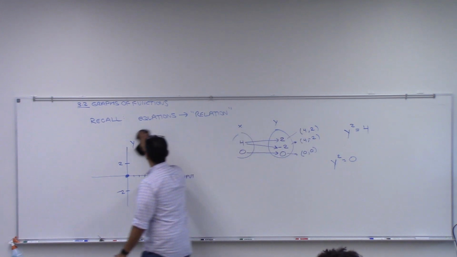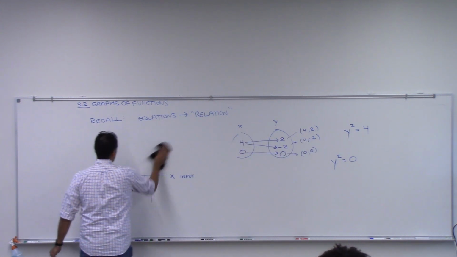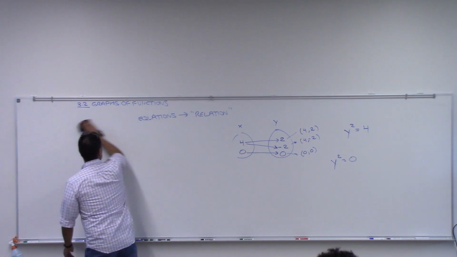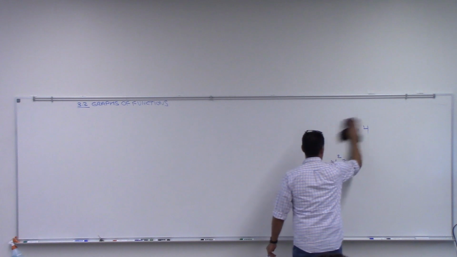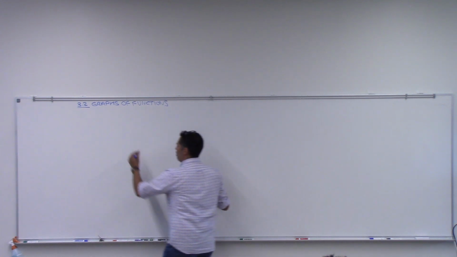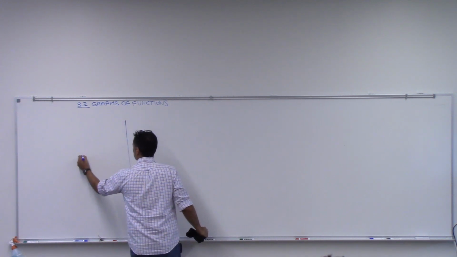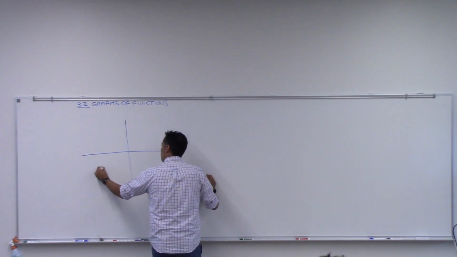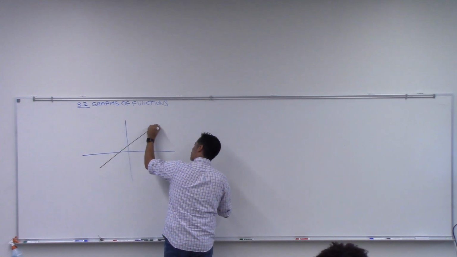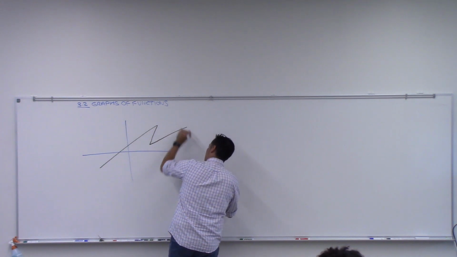So I want to give you another example, or like a first example. I'm going to graph something for you. So look at this relation here. Here's the graph. Goes up, zigzags back, and goes like that.